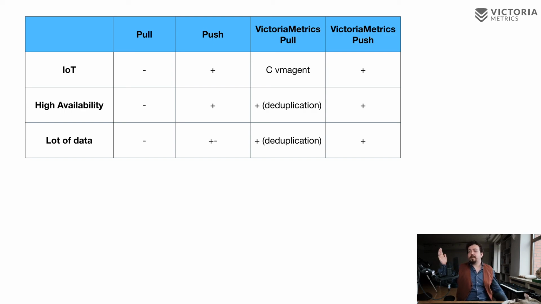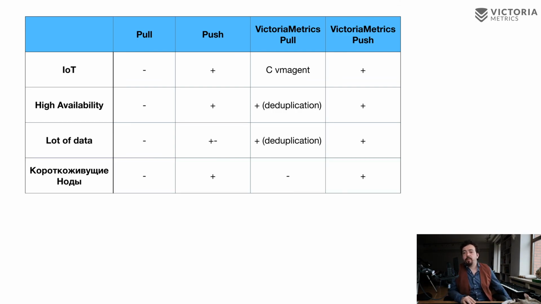But in VictoriaMetrics it works both with the pull model and deduplication, and with the push model as well, without any problems.